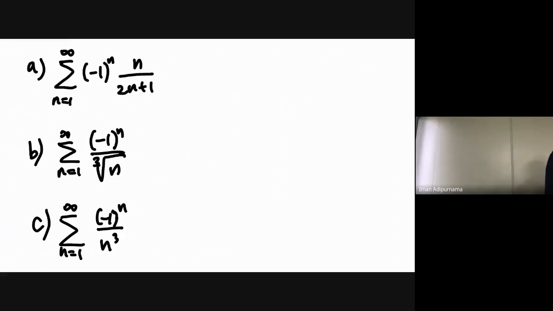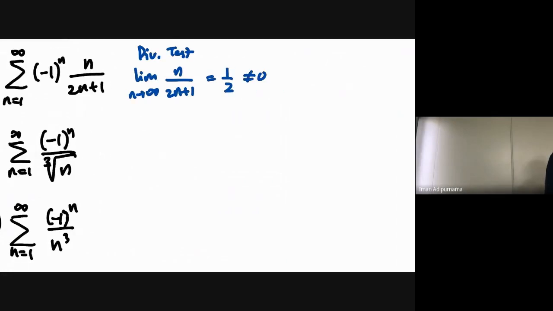In a similar way, we just use the divergence test, testing the sequence. It's 1/2, so it's not equal to 0, which means we can conclude that this series is divergent.